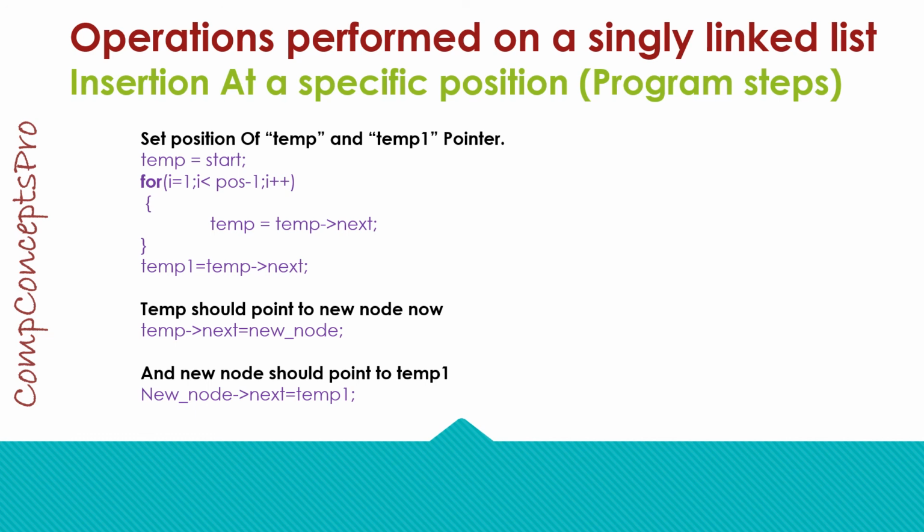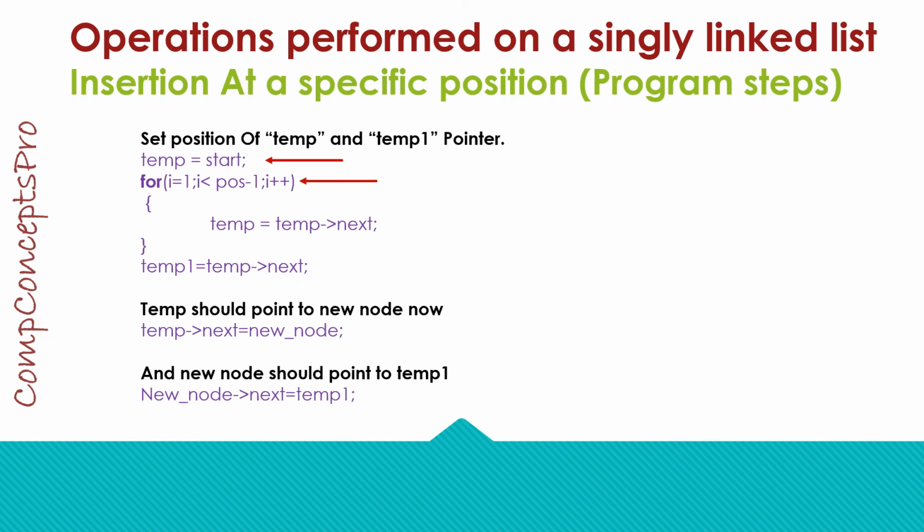To begin with, first we'll set the temp pointer same as start. And then in a loop, we'll keep shifting its position till we reach the specific position. I have used a for loop here instead of a while loop, just to show you another way of traversing the linked list.